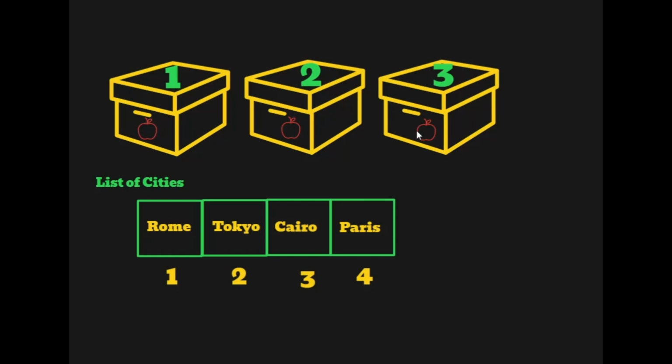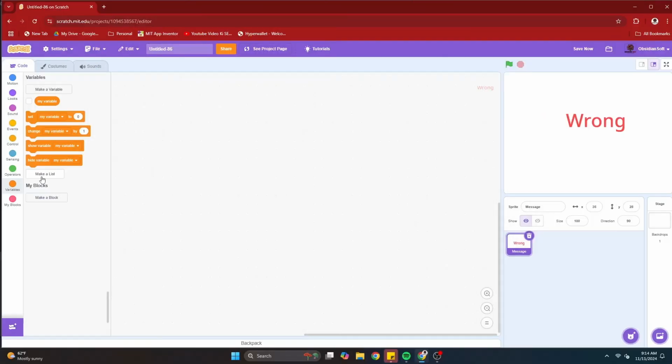A list is just like this row of boxes. Each item in this list can be accessed using a number that is a position of that item in the list. In programming languages, this position is called the index. So a question list will have the first question at index 1, the second question at index 2, and so on. You will start understanding it more when you see the usage of the lists practically.